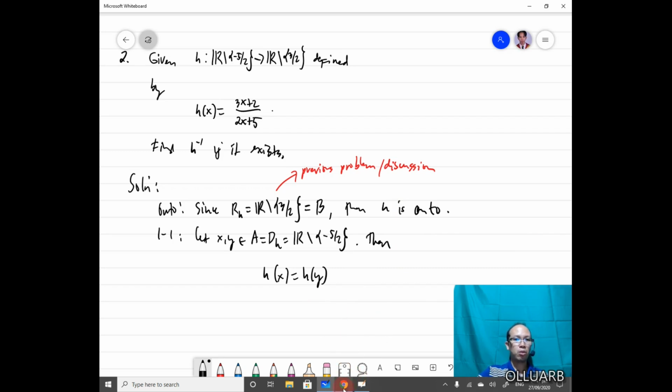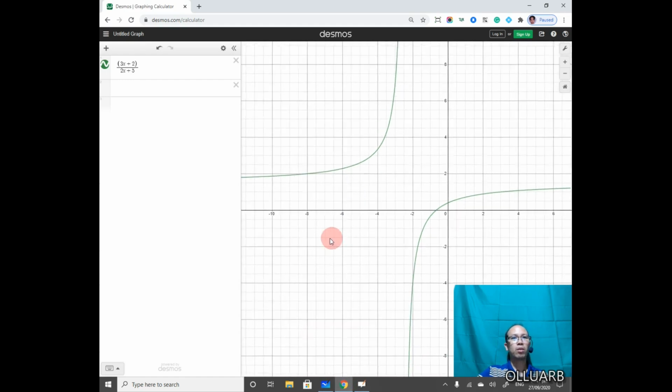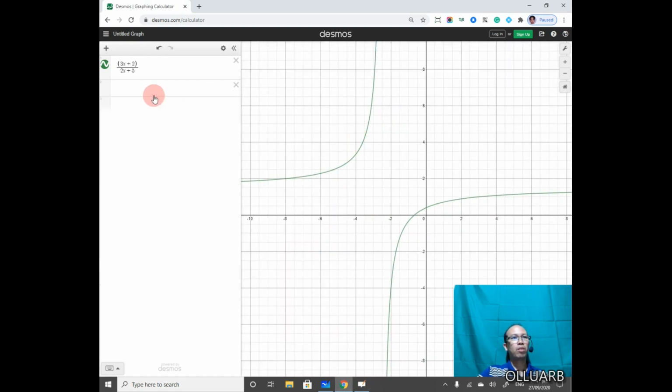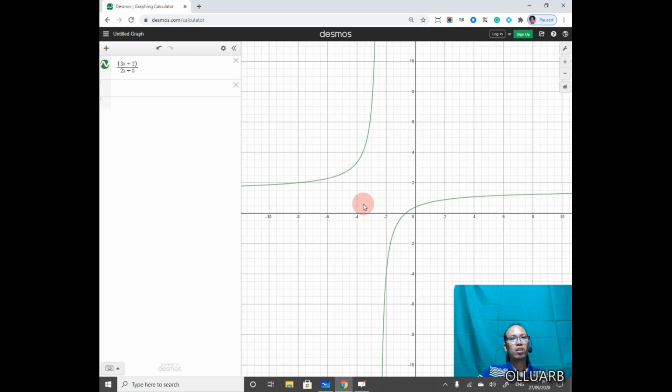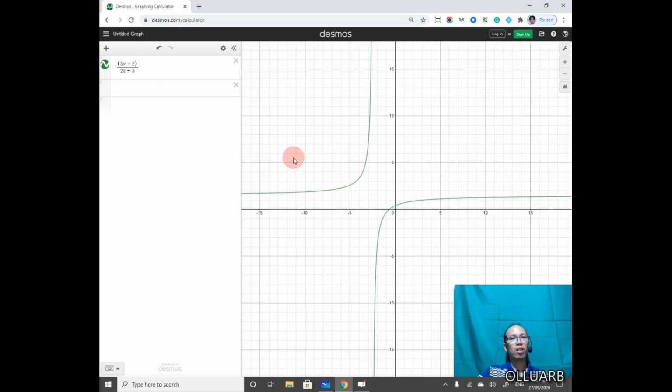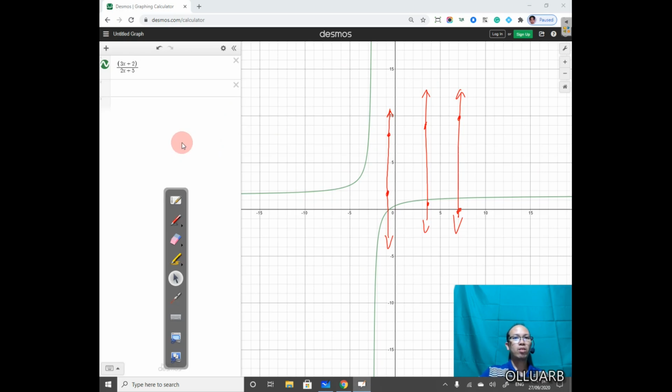So we are going to show that x is equal to y at the end. We are sure about this because if you look at the graph, if you draw a horizontal line, it touches the graph at most once. If you are not convinced, this is clearly a function.